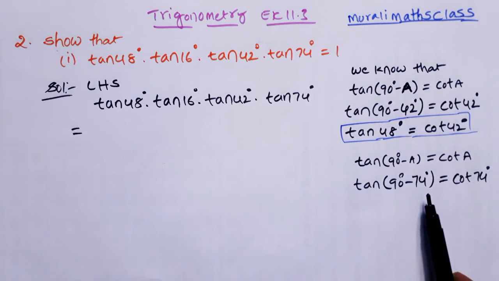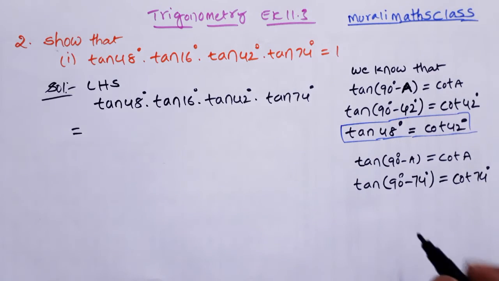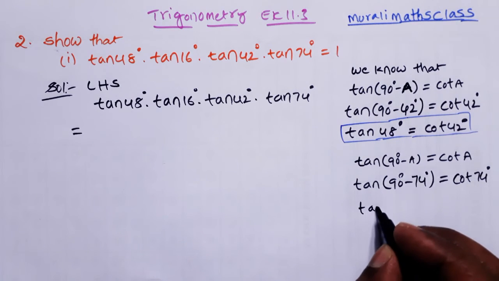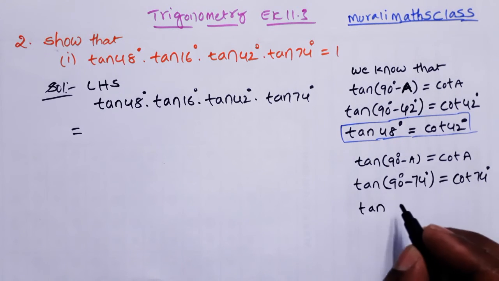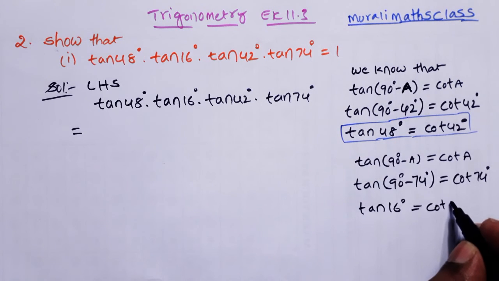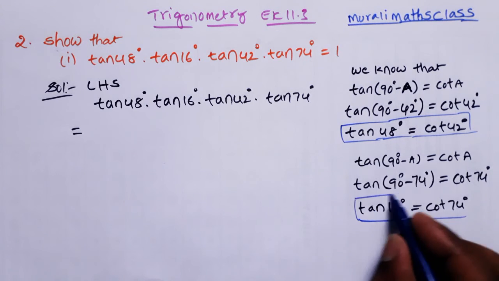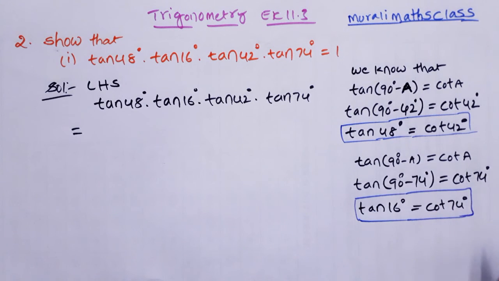Why I took 74? 90 minus 74 you will get 16, so it becomes tan 16. So tan 90 degrees minus 74, 16 degrees equals to cot 74 degrees. So second answer also we got. That is tan 16 value we got.